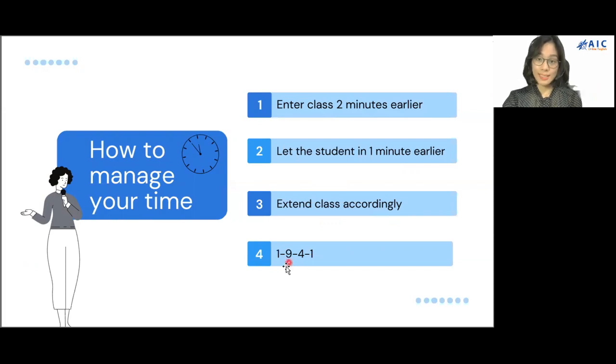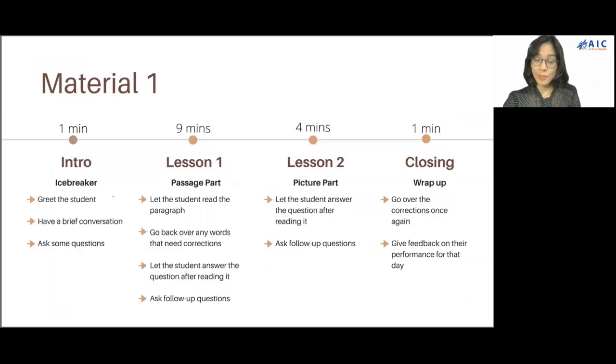All right, now lastly, we have the time distribution. This is an ideal way to distribute time throughout your materials. So let's talk about this. First, in material 1, we have 1 minute for intro, and that's usually the time that we've entered our student.